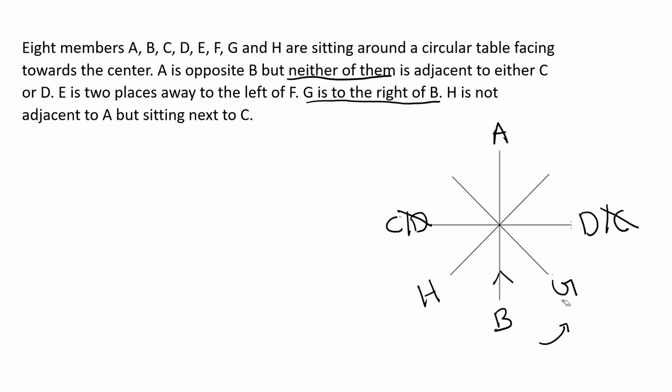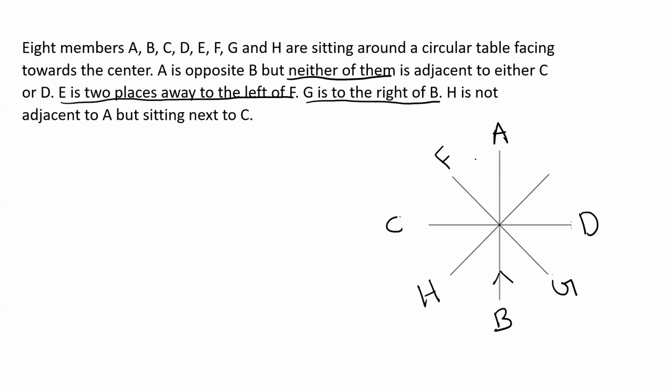Now let us pick the condition we are left with. The only condition that we are left with now is E is 2 places away to the left of F. As E is 2 places away to the left of F, let us assume F here.